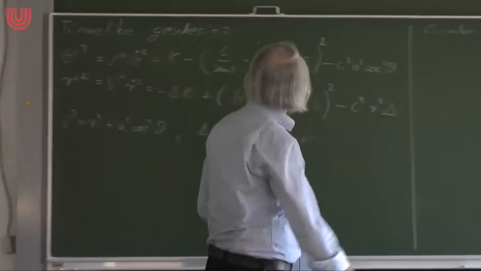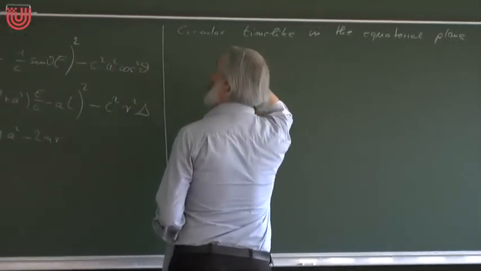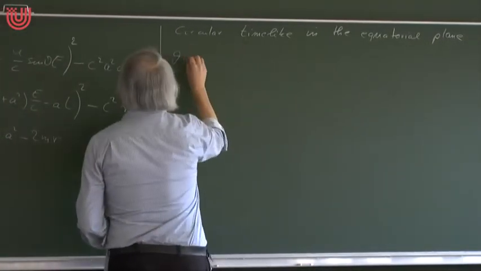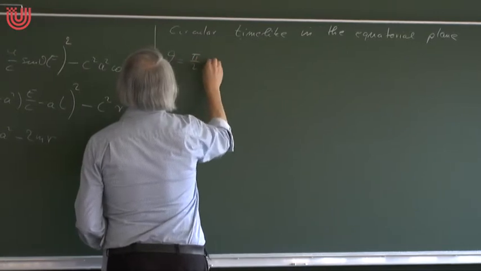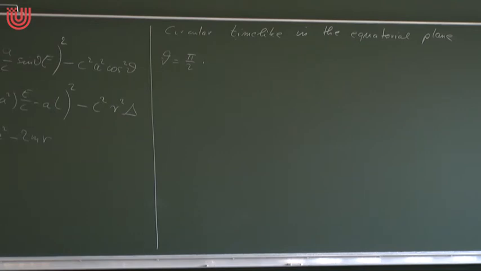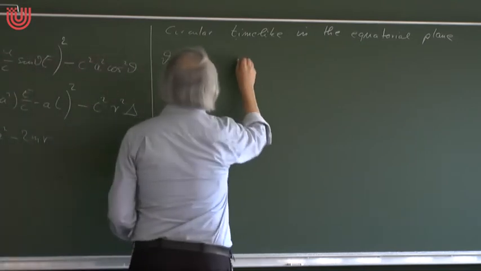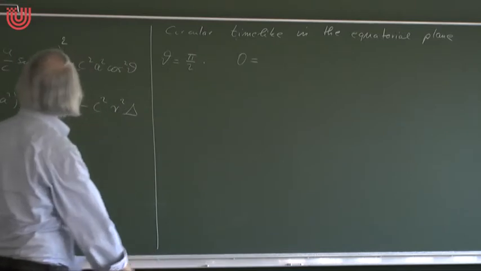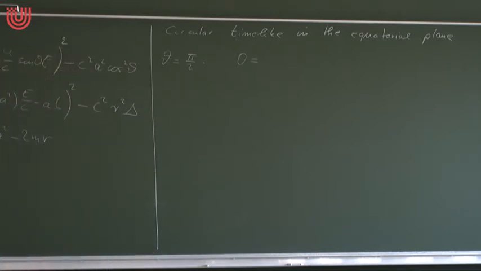In this first step I want to discuss geodesics in the equatorial plane. So we have theta equal pi half, and then we can see what comes out of the first equation. On the left-hand side we have 0, because if theta is a constant, then theta prime is 0.